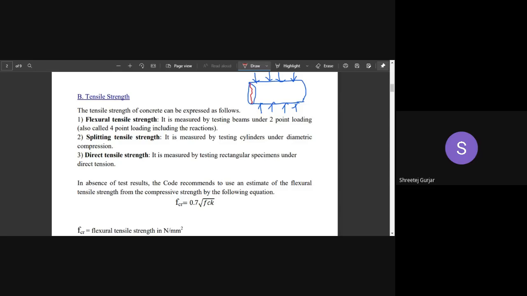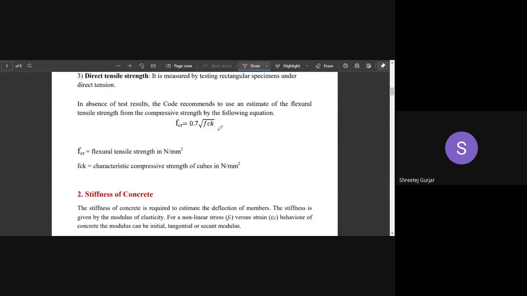Your flexural tensile strength FCR is given by 0.7 root FCK.